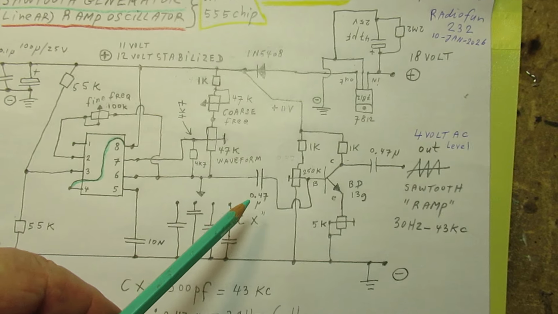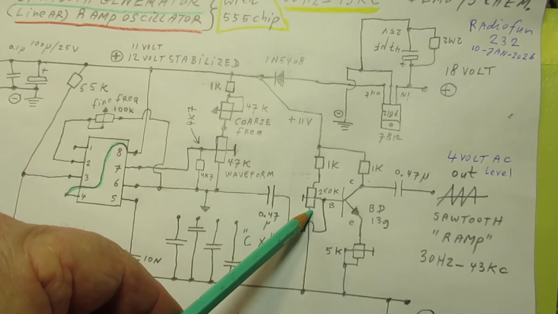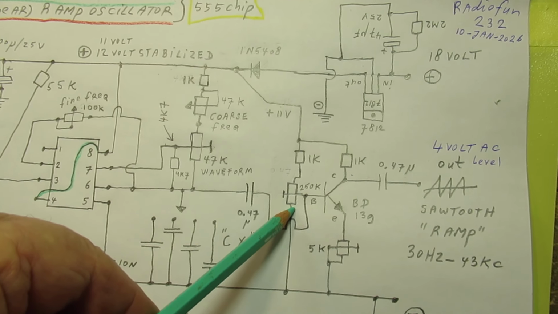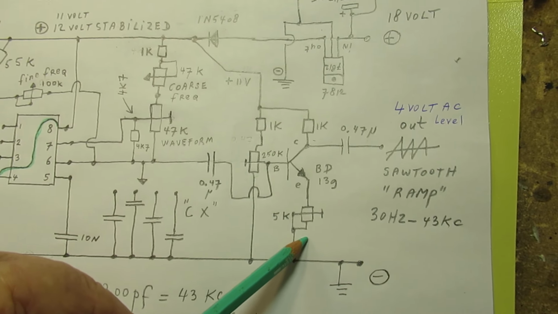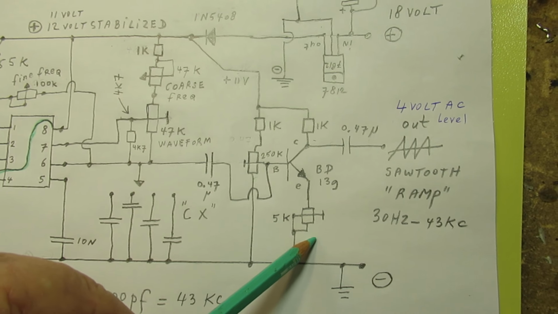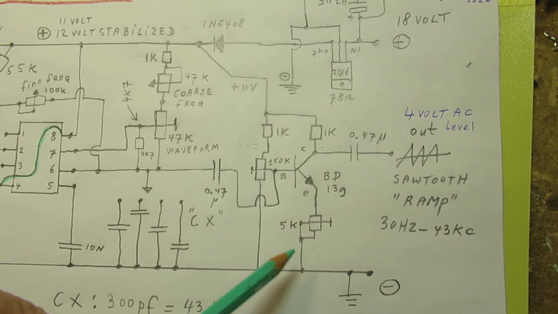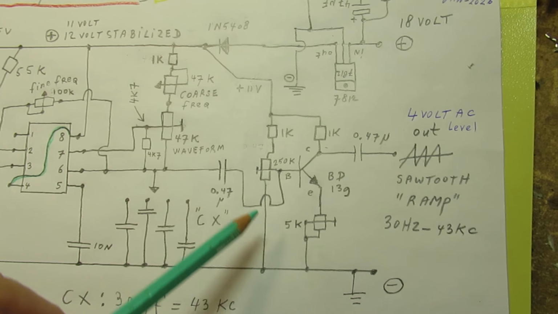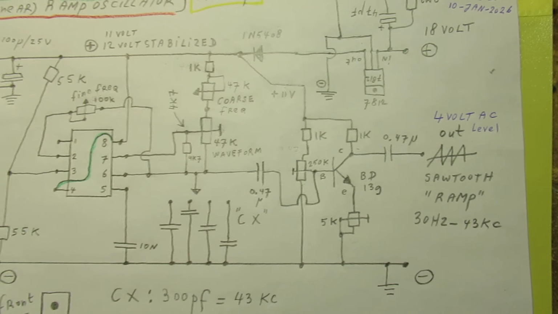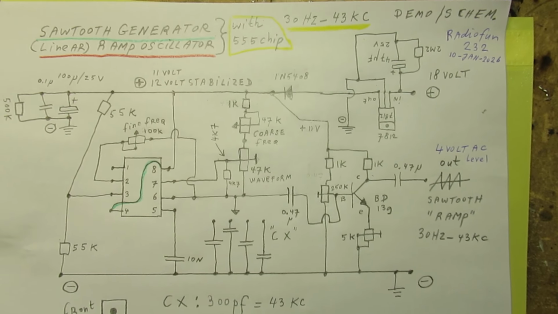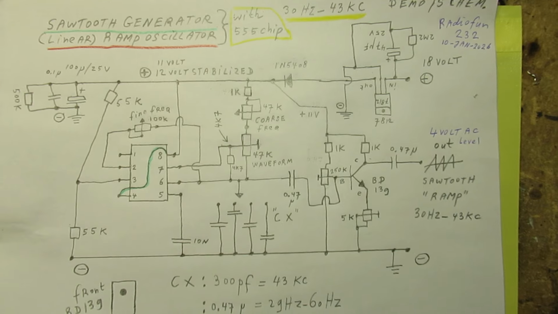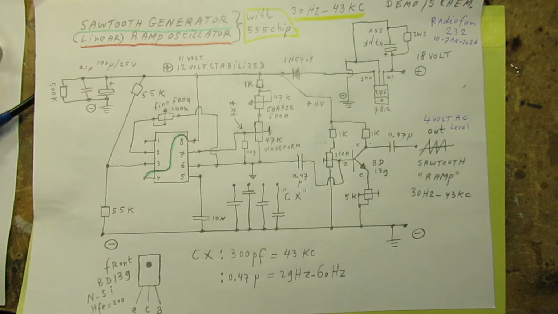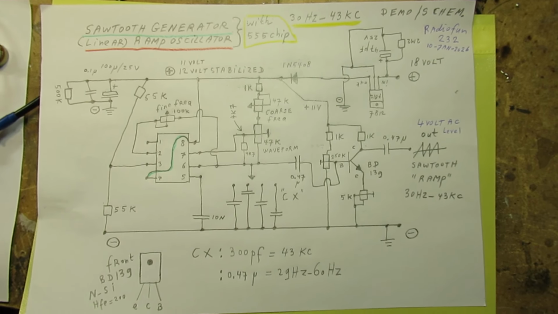They show the bias via that 250 kilo ohm potentiometer, and here we set the waveform. Very, very important, and of course the bias and the waveform work together. The settings of the positions of the potentiometers are critical.